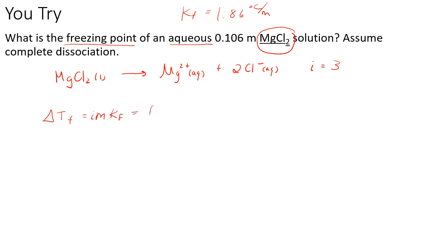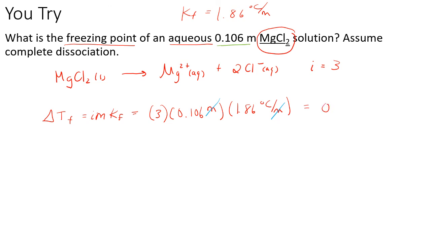Plugging in here, we have our i factor as 3. Our molality is what we think we made this solution up as. We made it up as a 0.106 molal solution. Times our K_F, 1.86 degrees C per molal. You can see that the molality will cancel and we'll be left with units of degrees Celsius for our delta T_F.